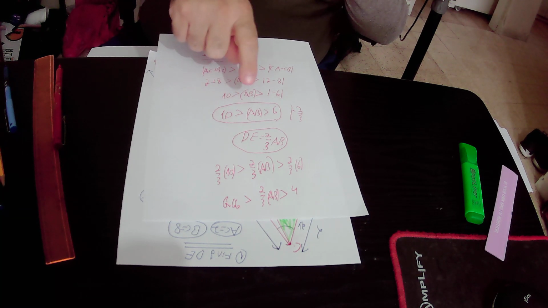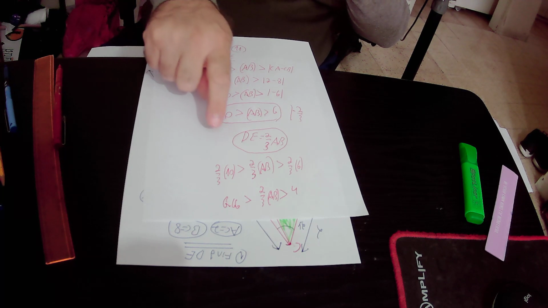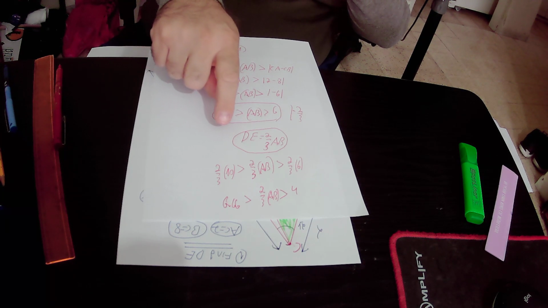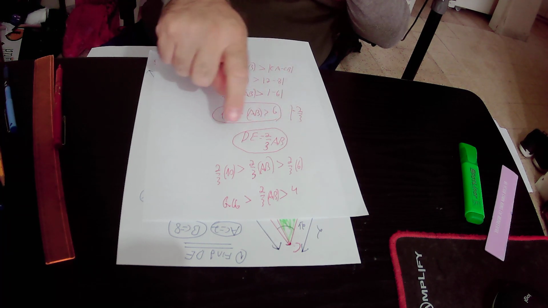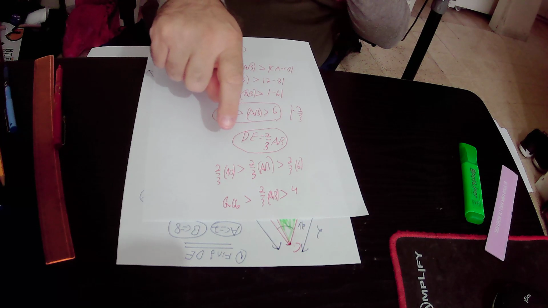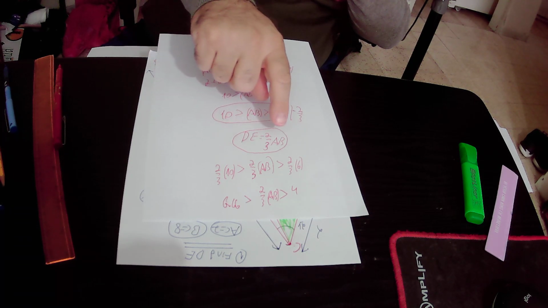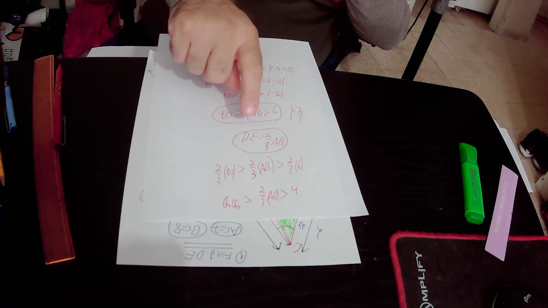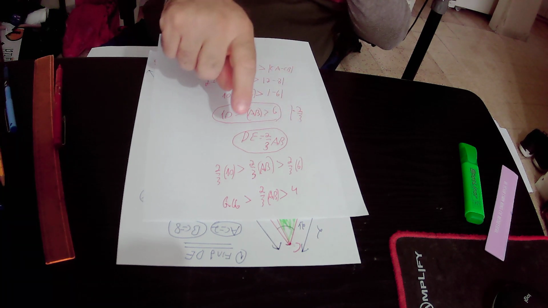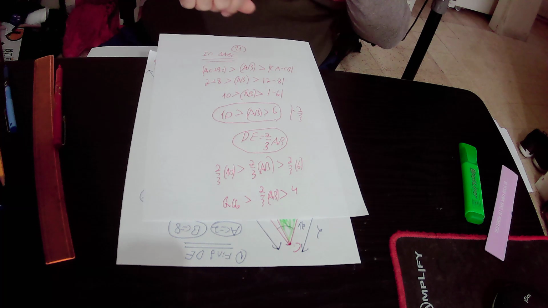We got that 2/3 AB is smaller than 2/3 times 10, and bigger than 2/3 times 6. 2/3 times 10 is 6.66, and 2/3 times 6 is 4. So in total we got that 2/3 AB is greater than 4 and smaller than 6.66.